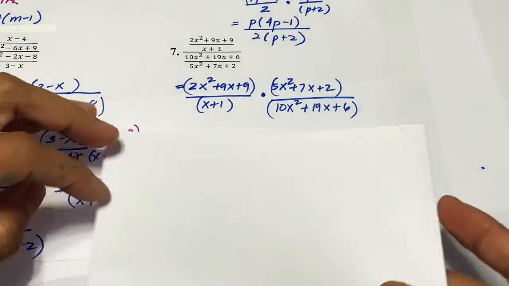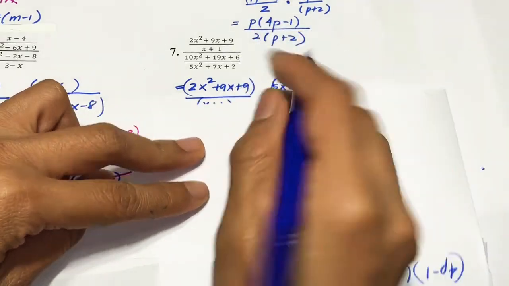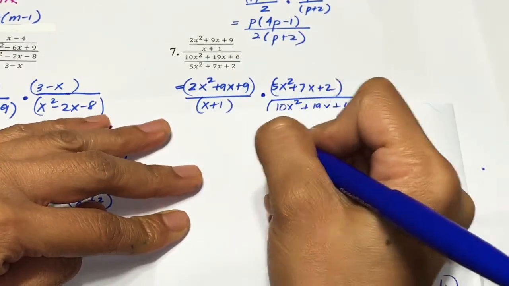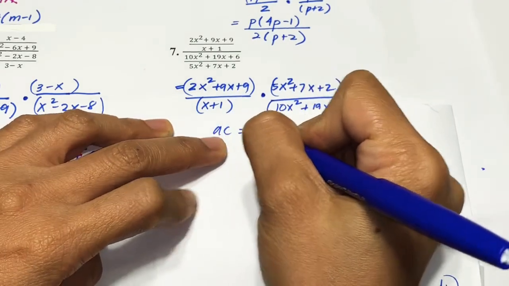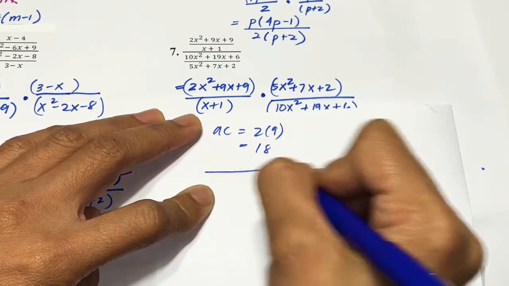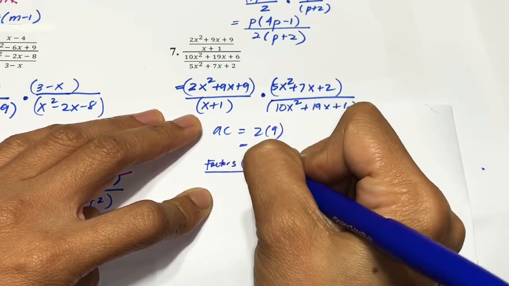Again, just in case you forgot, I'm just going to do one of them. So again, here, do they have a GCF? No GCF, so you have to use our AC method. AC is 2 times 9, which is 18. What do you multiply to get 18?